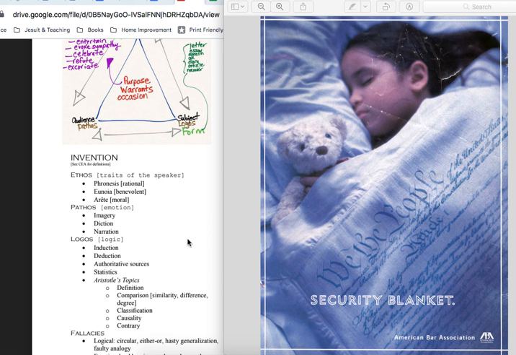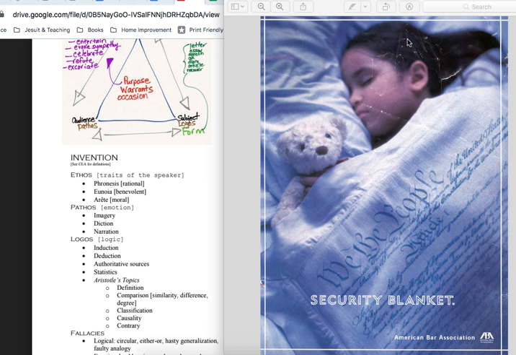But it's also an appeal to emotion. It's an emotional image of safety and love. And so we're getting into these emotional appeals, the pathos, and lots of details create emotional appeals.